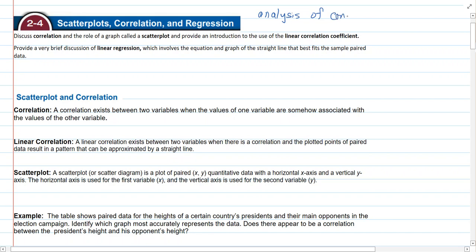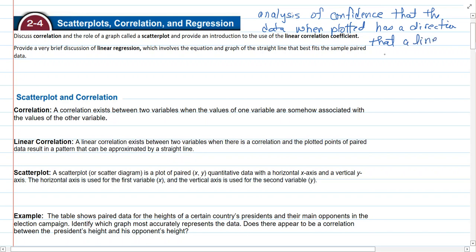of confidence that the data, when plotted, has a direction, that a line can be drawn, or that comes with that regression correlation.